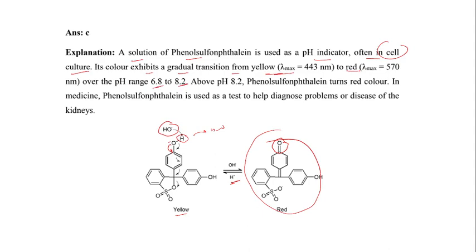So at 6.8 it will give yellow, and at 8.2 it will give red. Above pH 8.2, phenol sulfoxylene turns red. In medicine, phenol is used as a test to help diagnose problems or disease of the kidney. So these are the general information about this compound.